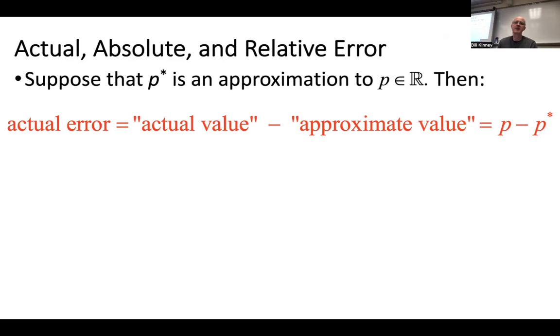The actual error is defined as the actual value minus approximate value. It's P minus P star. And it's very fortunate that that goes in alphabetical order, actual coming before approximate. Actually, in statistical context especially, this is typically written as observed value minus predicted value.